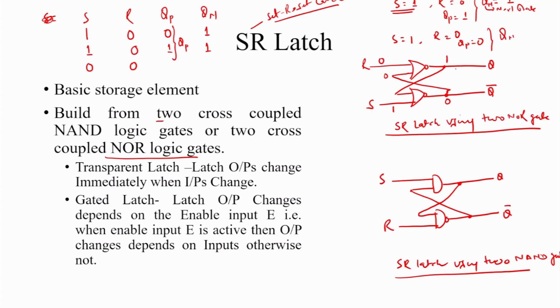Then we will find what the previous state is. Here the previous stored value is 0, and in the next case S and R are 0, 0 and the previous state value is 1. So, when S and R are 0, 0 and the previous state is stored as 0, this is 0, this is 0 and the previous state is 0, this means 0, 0, so this is 1.